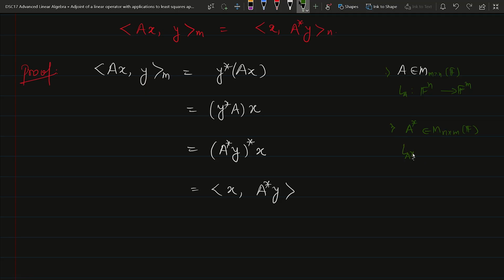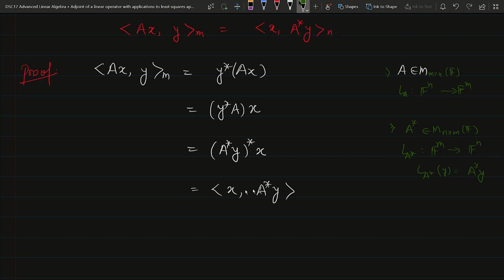In that case you can consider L A star, that is a linear transformation from Fm to Fn, right? So its range set is going into Fn. So here this y that comes, that means L A star of y is the same as A star y. Now this y is coming from Fm and the resultant value will be in Fn.